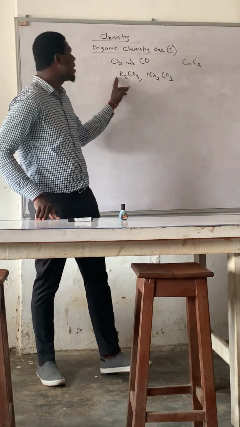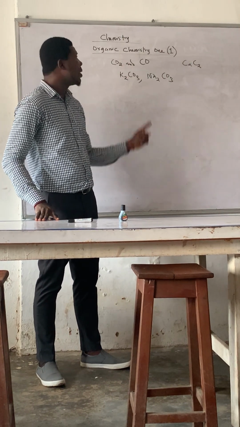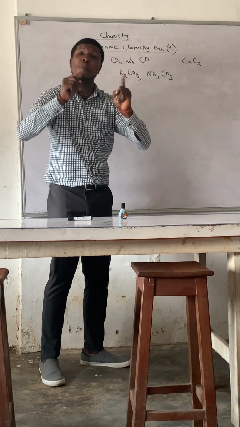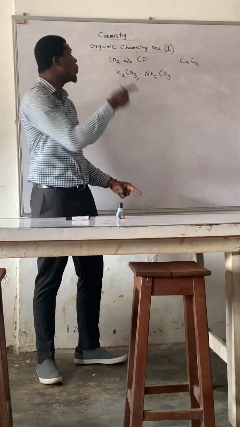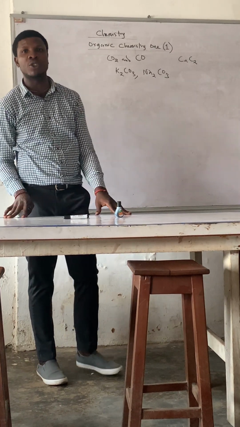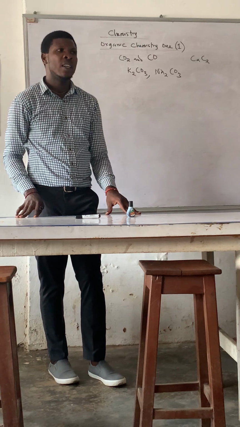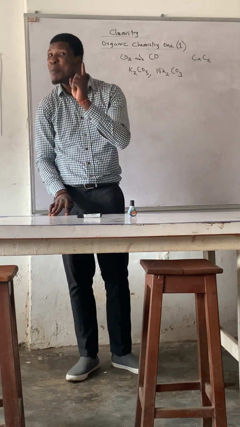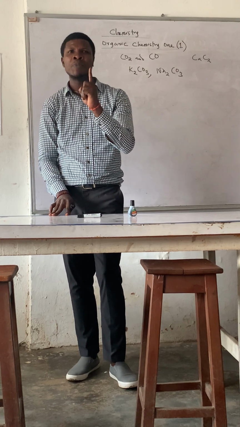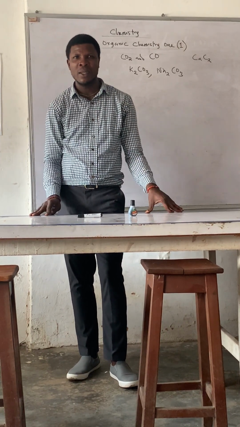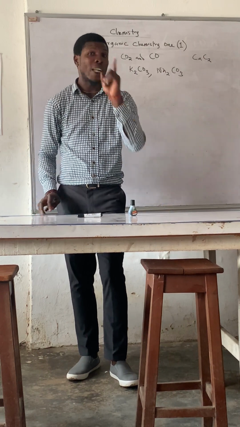Aside from the oxides, the carbonates and the metallic carbides, any other compounds of carbon you see are grouped in this part of chemistry, which is referred to as organic chemistry. It simply means that if truly it is the study of carbon compounds, there are some properties carbon has that enable it to form numerous organic compounds. And what are some of these properties? That is what we're going to look at now.